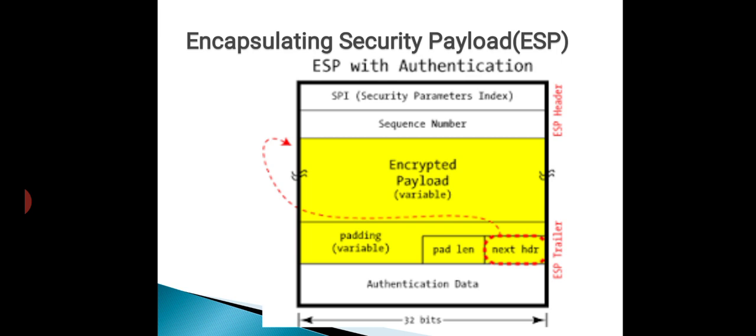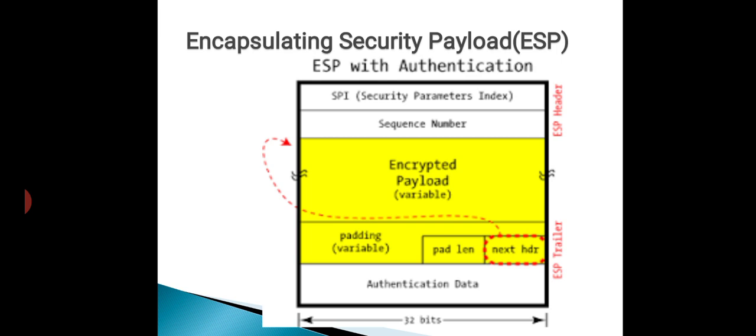ESP, encapsulating security payload, provides confidentiality services and limited traffic flow confidentiality, and authentication service is an optional feature. Now the first section is SPI. It is a 32-bit field used in combination with the source and destination address. It identifies a security association.